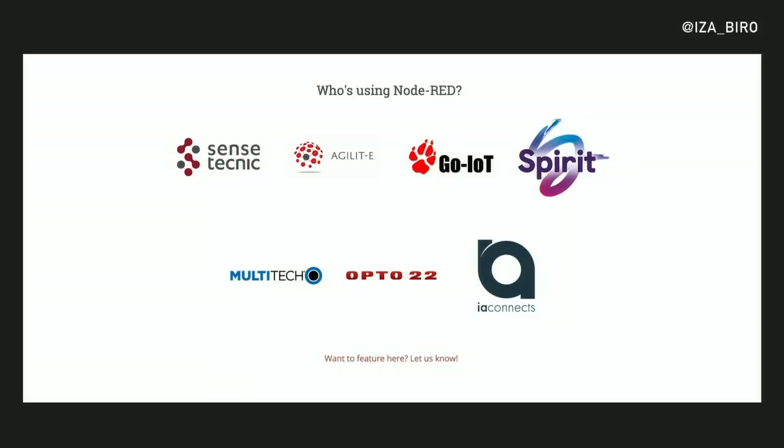Node-RED also lists a couple of companies that are using them. There are companies that are doing Node-RED as a service. So they're just offering an instance, doing their own stuff. But many are using it for something else.